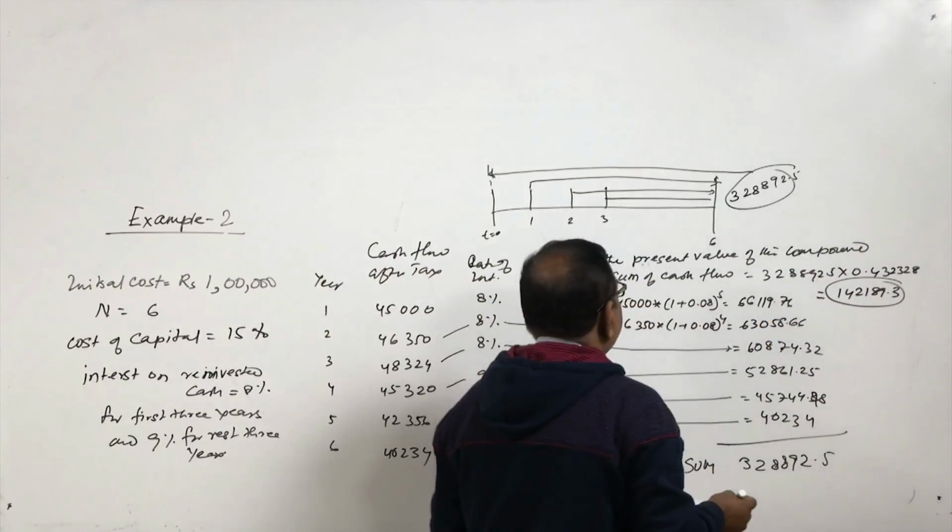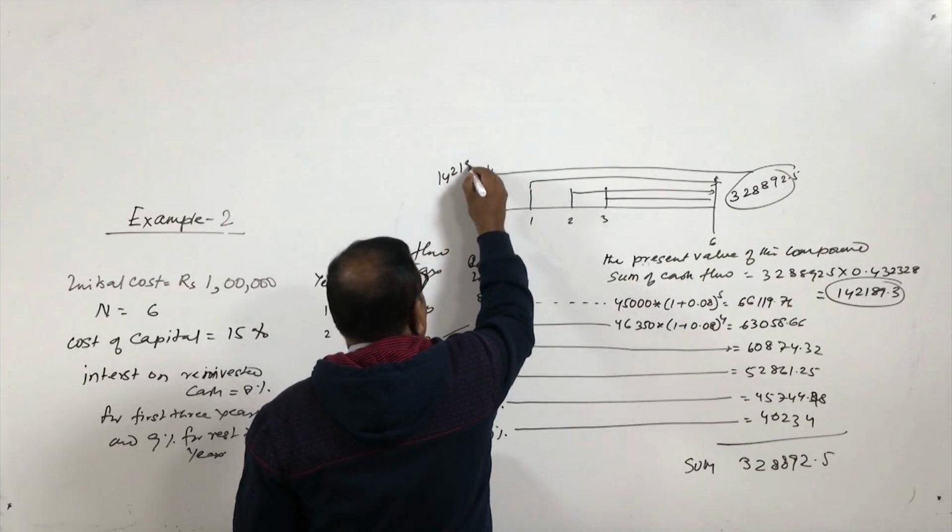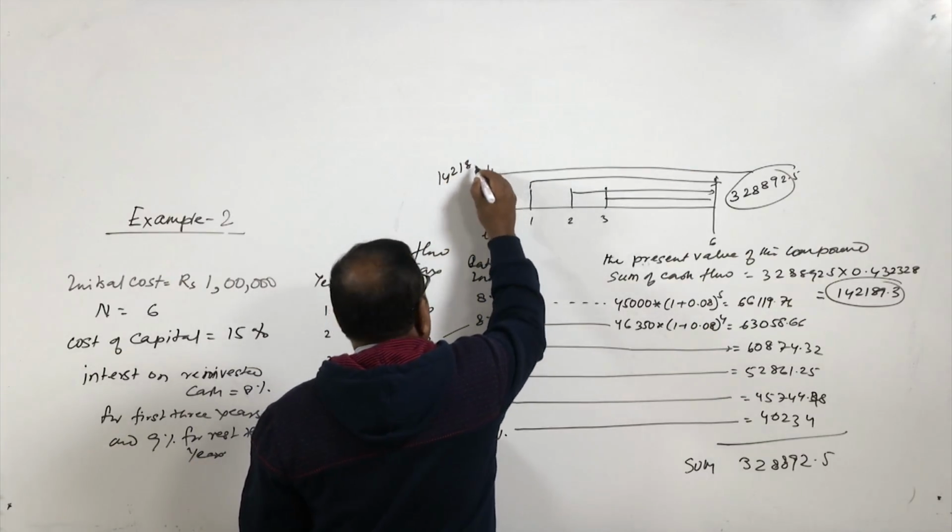So, when it goes here, it becomes 142189.3.